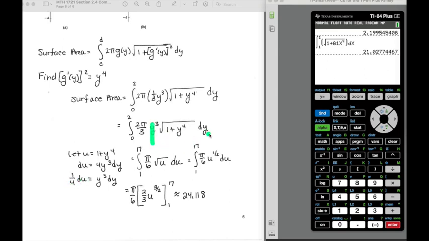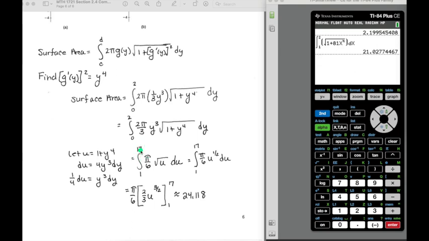So this gets replaced with 1/4 du. And so the 1/4 combined with the 2 pi over 3 creates this pi over 6. Here's my u that I substituted. Here's my du.